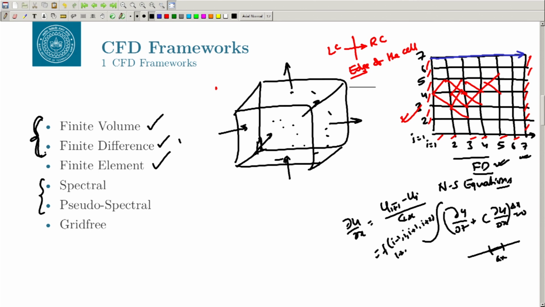Whenever there is a periodic boundary condition, you can use the spectral properties. You do not have to approximate using a discretization of your f(x); you can basically get the gradient at each point accurately if you write it in terms of a Fourier series.